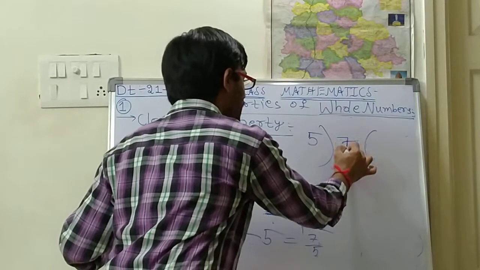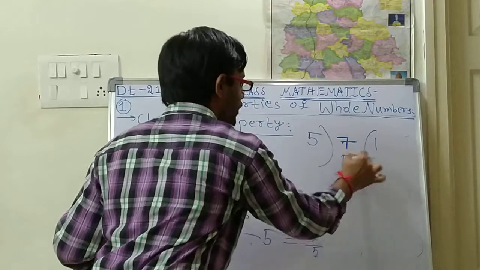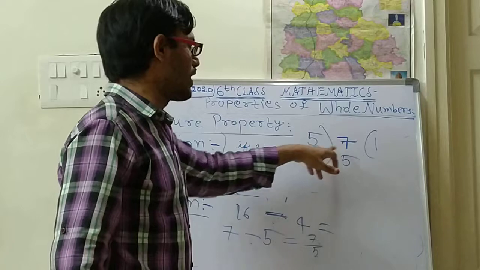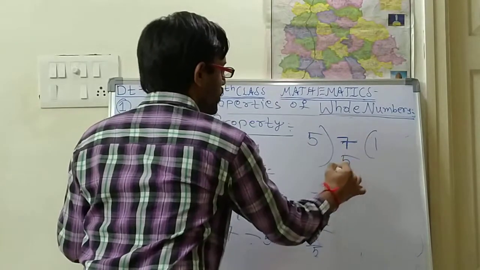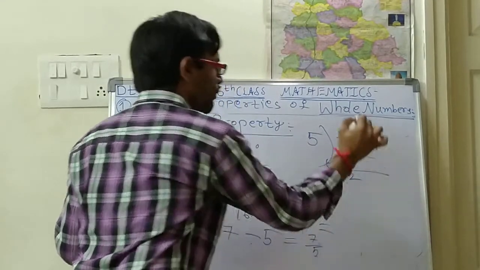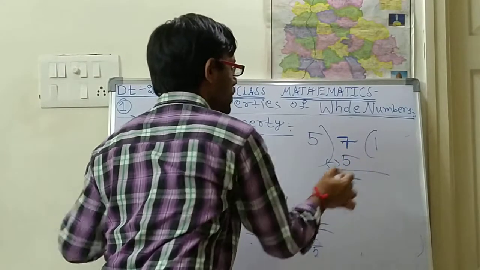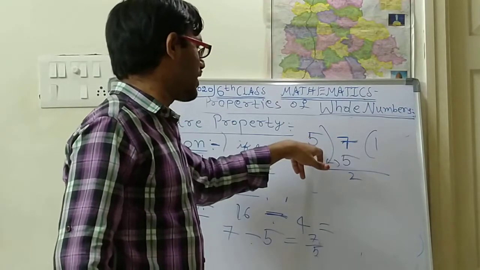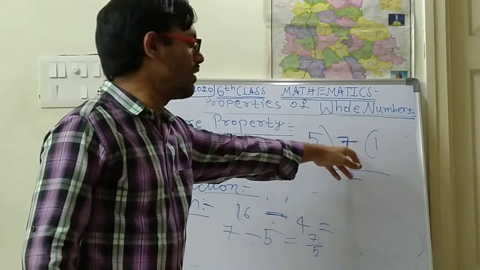But 5 is less than 7, so we can divide. 5 ones are 5. 7 minus 5 is 2. So 2 came, and 2 is less than 5. Since 7 is greater than 5, we can easily divide.